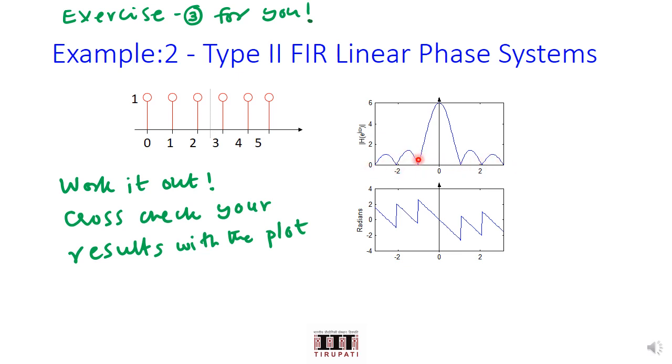Of course it could have zeros at other points also, depending on the kind of symmetric sequence you have considered, but irrespective of your sequence, it should have a 0 at minus pi. And by the way, this is 0, this is pi, this is minus pi, and this is 0 to pi on the right hand side of 0. You should also be able to draw the phase plot. That's the 3rd exercise for you.